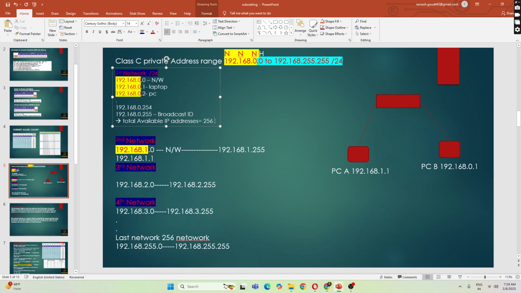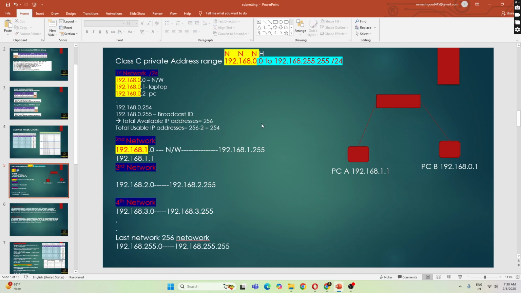Now we need to remove these two, and now tell me the total usable IP addresses. 254. Total usable IP addresses equal 254. It means 256 minus 2 equals 254.